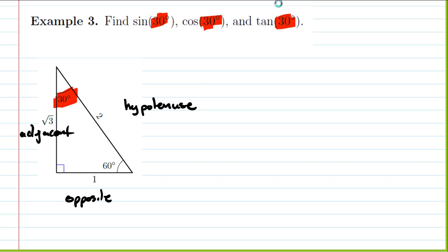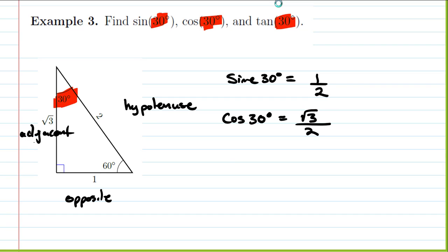So then our sine of 30 degrees, by definition, sine is opposite over hypotenuse. So our sine of 30 degrees is going to be 1 over 2. The cosine of 30 degrees is going to be adjacent over hypotenuse. So that's going to be the square root of 3 over 2. And then tangent of 30 degrees is opposite over adjacent. So 1 over the square root of 3.